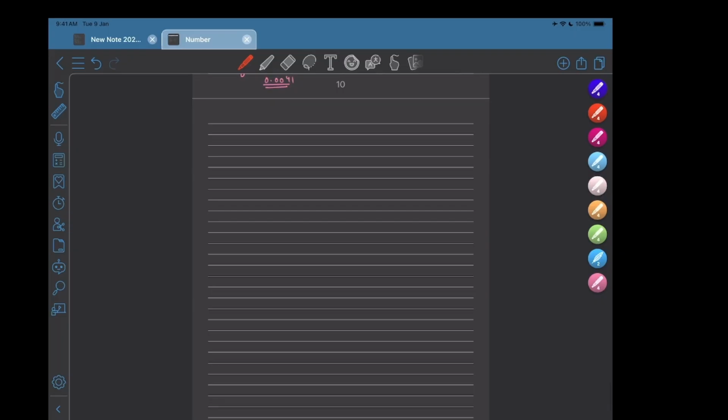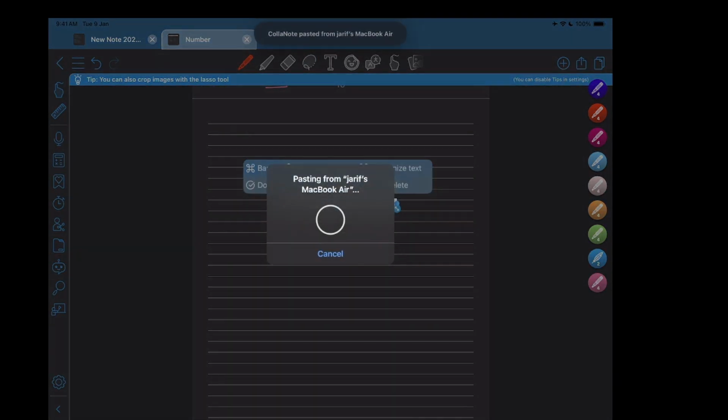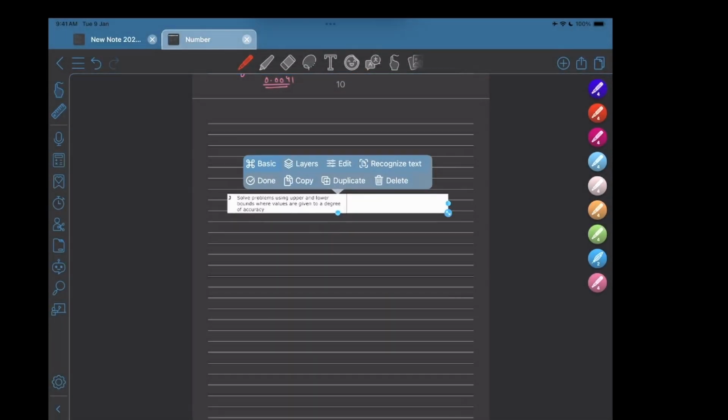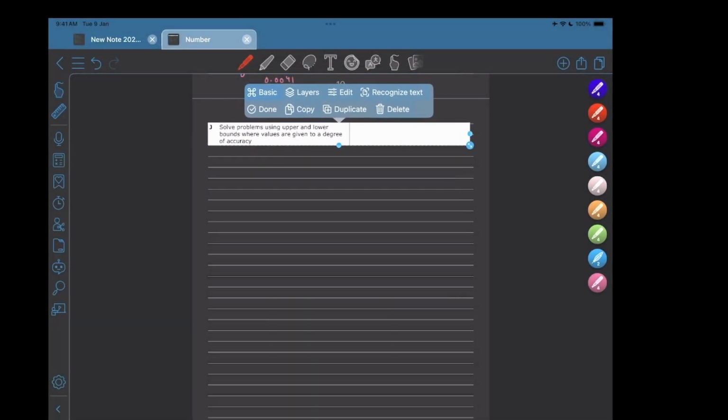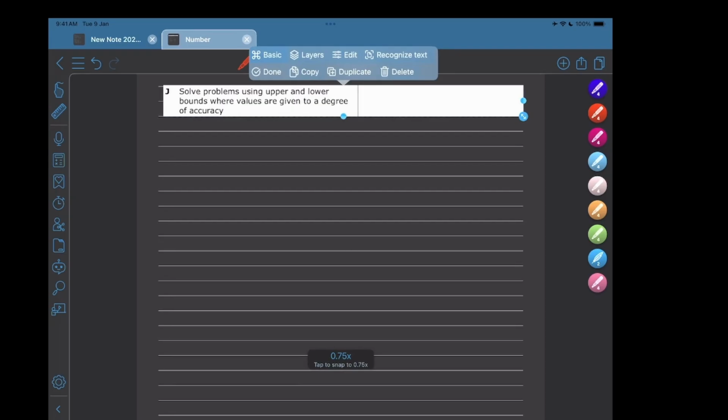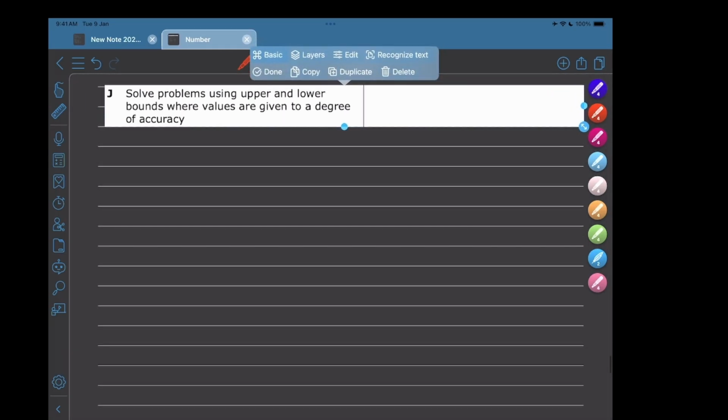Now let's move on to the next specification, which is very interesting. Here we go. One second, let it load. Here it is. The specification is about solving problems using upper and lower bounds where the values are given to a degree of accuracy.